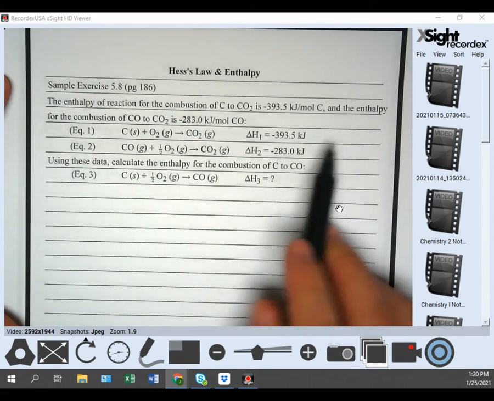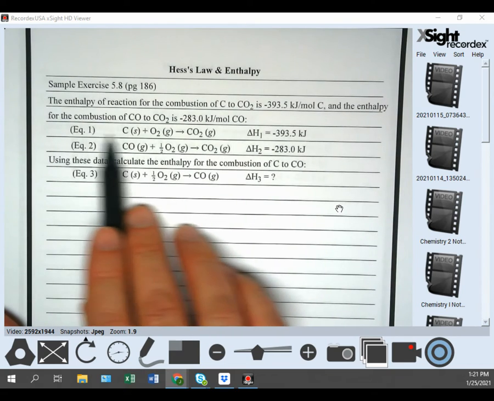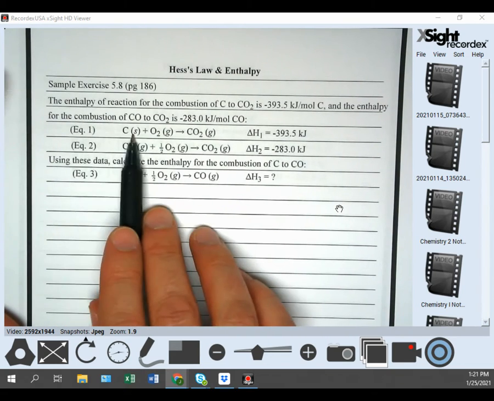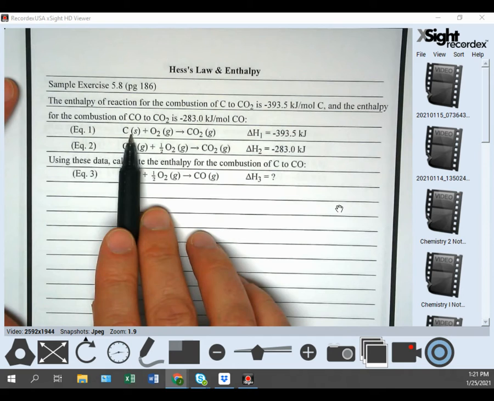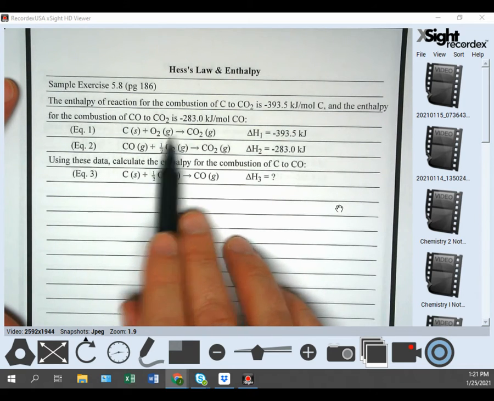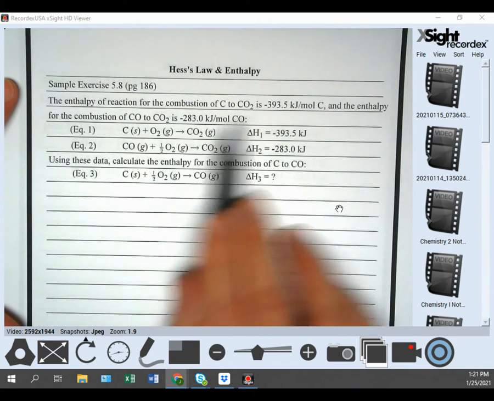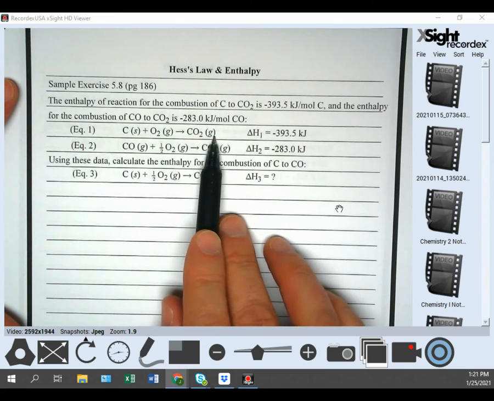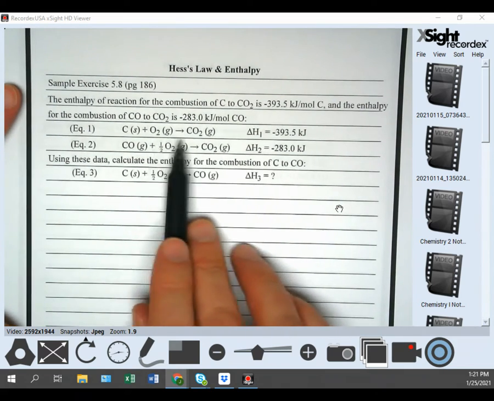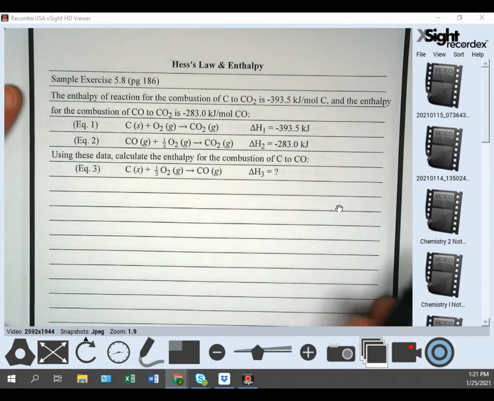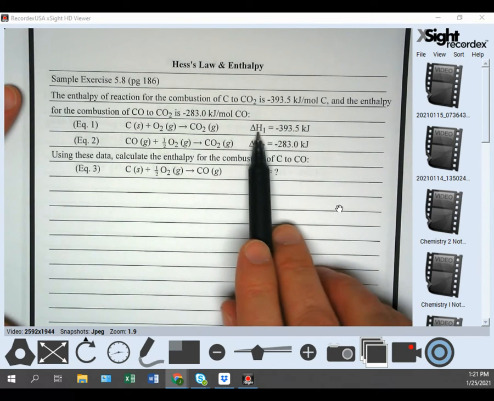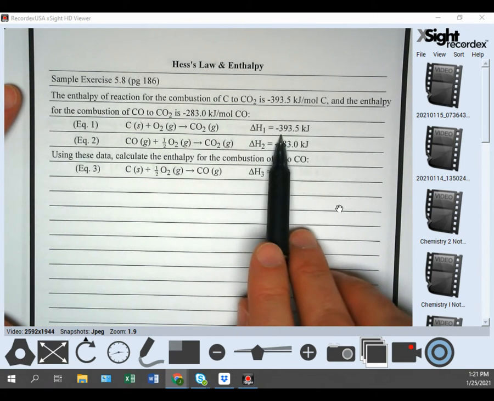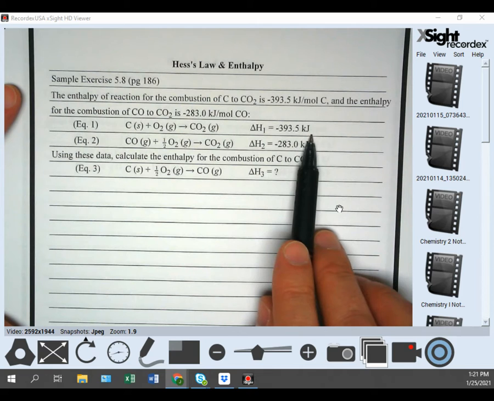So, see here, equation 1 is the top thing they were talking about. Carbon combustion plus O2 gas yields carbon dioxide, CO2 gas. It's a little different combustion reaction than our typical. It produces delta H of negative 393.5 kilojoules.